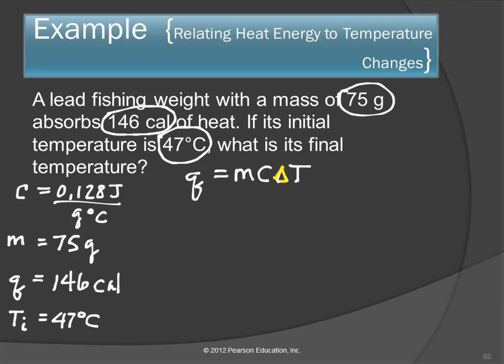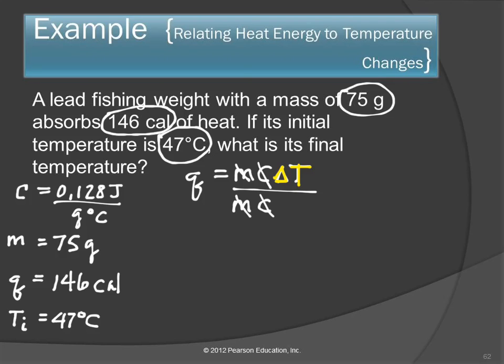So we're trying to isolate delta T. So that means we need to divide by M and C, because M over M is 1 and C over C is 1. An equation is like a teeter-totter. When it's equal, it's balanced. And if you do something to one side, you have to do exactly the same thing to the other side for it to still be equal.